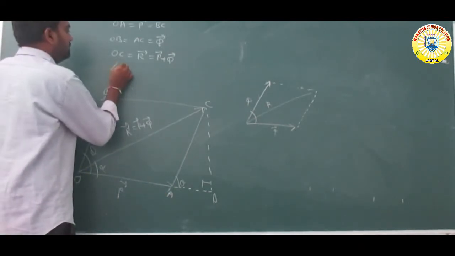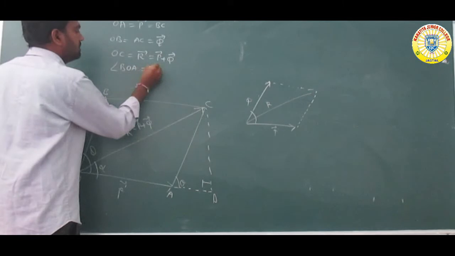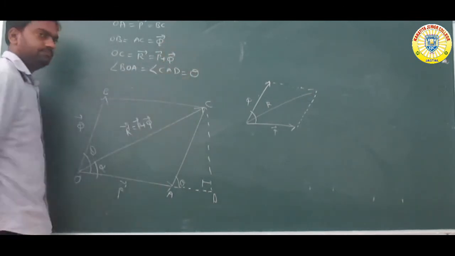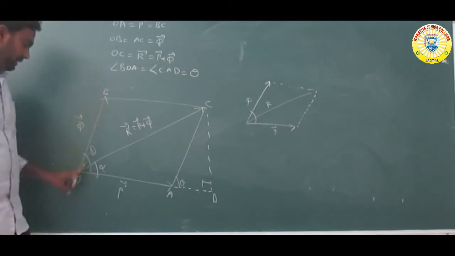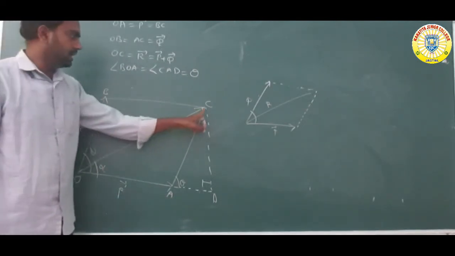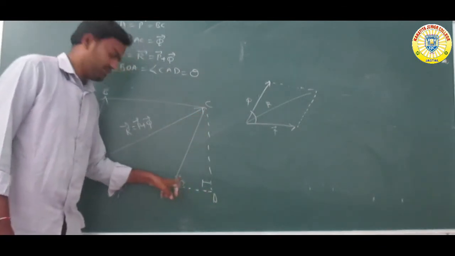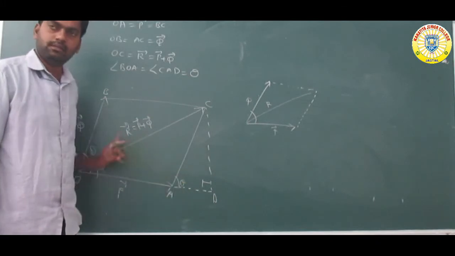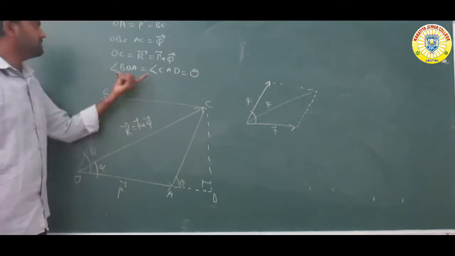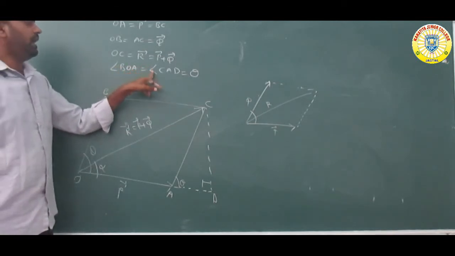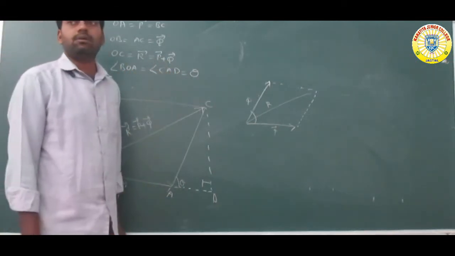The angle BOA is equal to the angle CAD, that is equal to theta. Here 45 degrees, here also 45; or 30 and 30, that is similar. Angle BOA is equal to angle CAD, that is equal to theta.